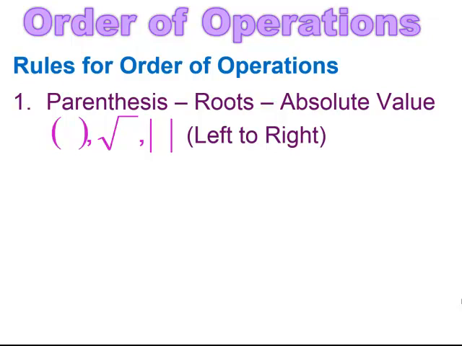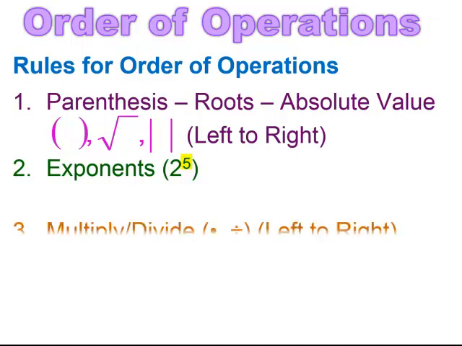So the first thing in order of operations is to get the grouping symbols to be one number. Now, a key note with order of operations is you always want to work from left to right. Once the grouping symbols is one number, then you would work with anything that has exponents. So if you have an exponent, that's the next step in order of operations.